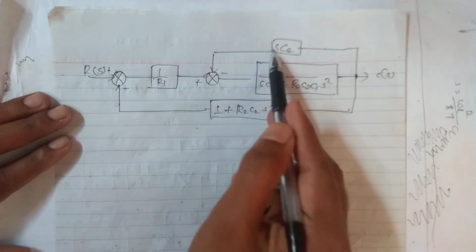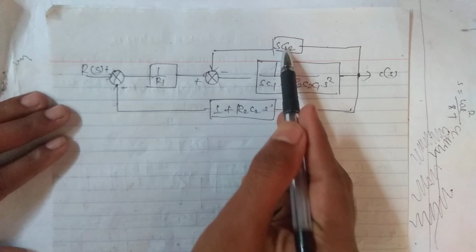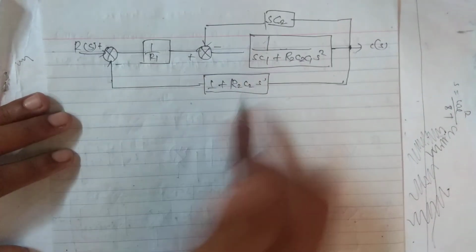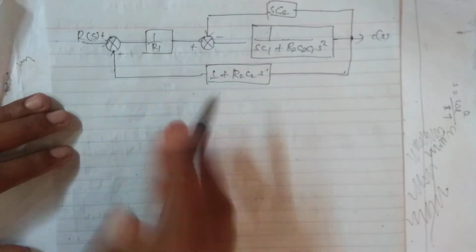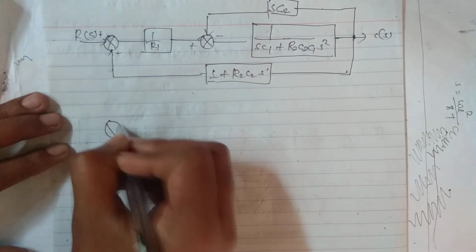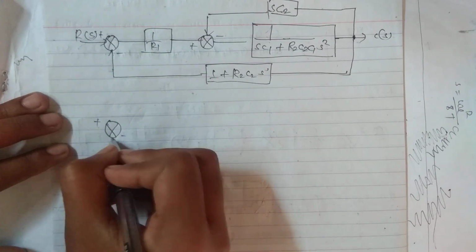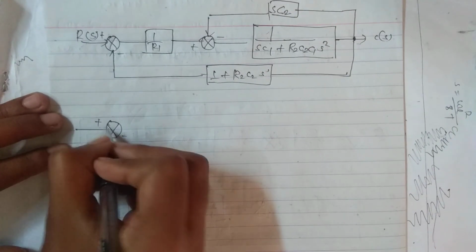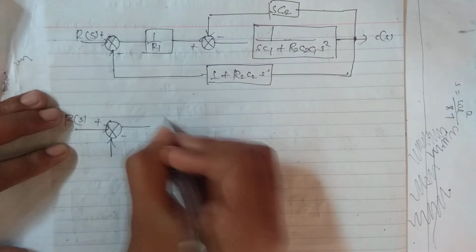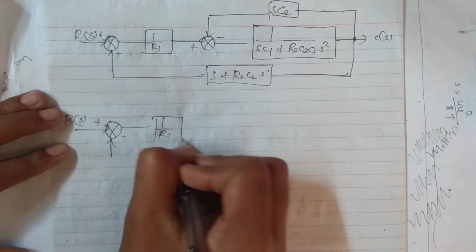Now here SC2 and 1 by SC2, since SC2 is the feedback, here we have negative feedback again. So by applying negative feedback we can write plus and minus RS, and here we have 1 by R1.